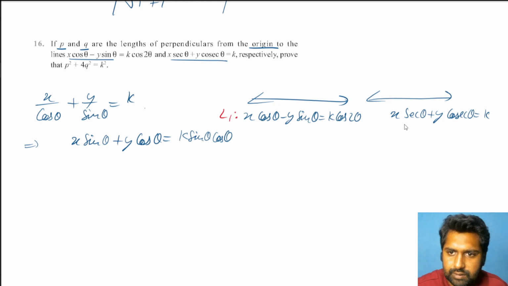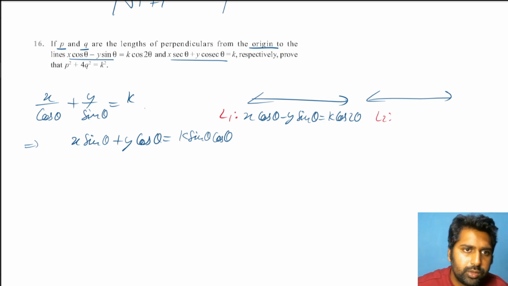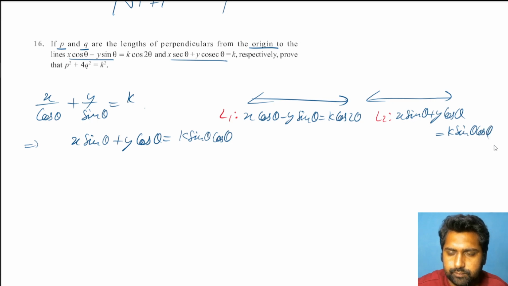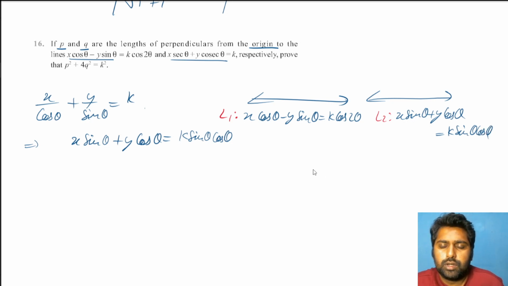L1, L2. After rearranging we got L2: x sin theta plus y cos theta is equal to k sin theta cos theta. Okay, we got two lines, L1 and L2.